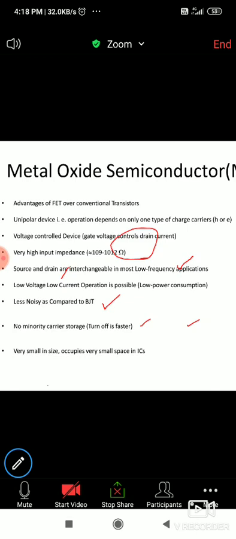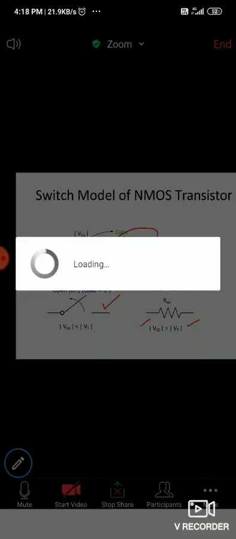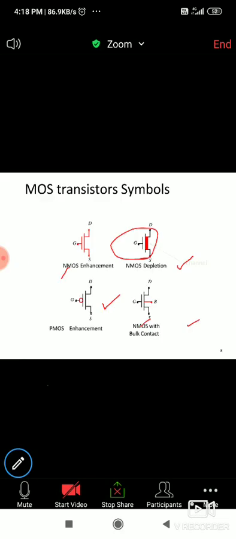Here noise is less, and there is no minority carrier storage. Turn off is faster, so operating speed is faster. Very small in size, it occupies very small space in ICs. Next we will see after this slide.